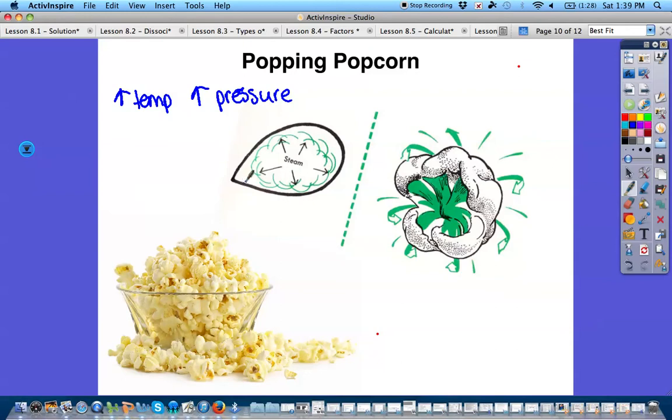Once the steam is in the gaseous form, pressure is going to be increasing, and it's going to eventually cause that kernel shell to pop off and then allow the popcorn to form. So that's how popcorn is made, for instance, in your microwave.